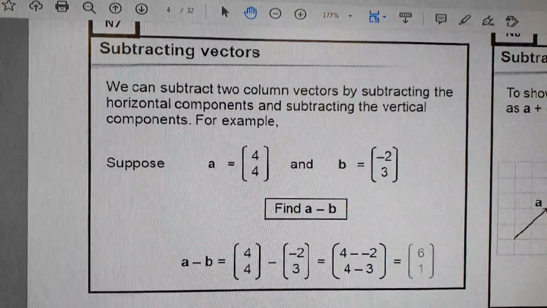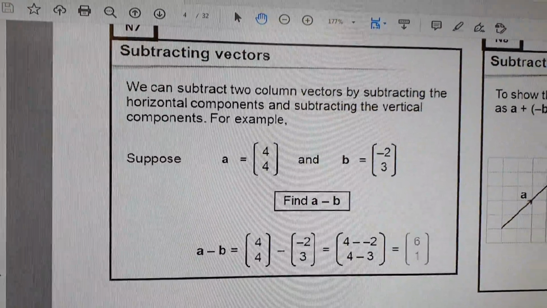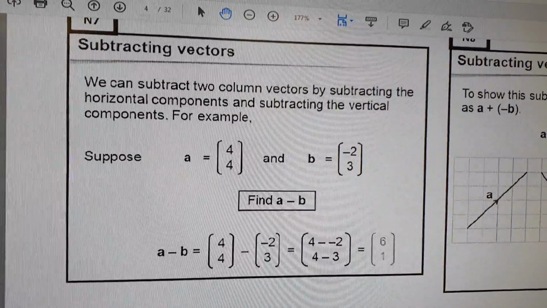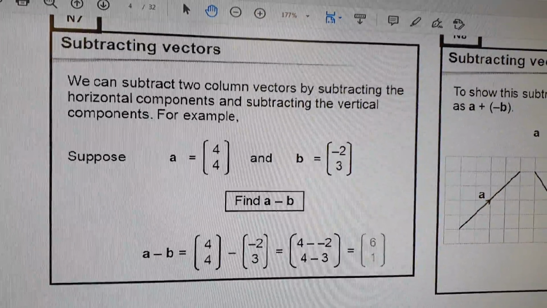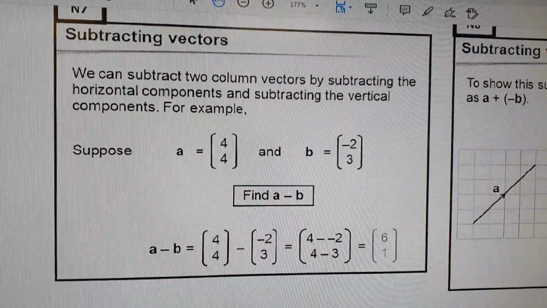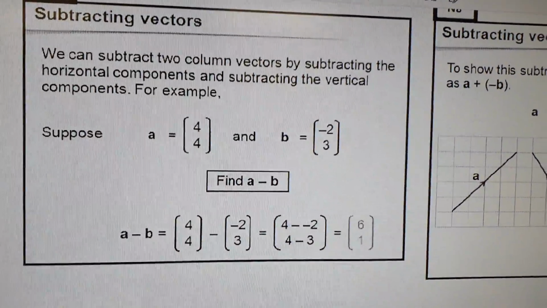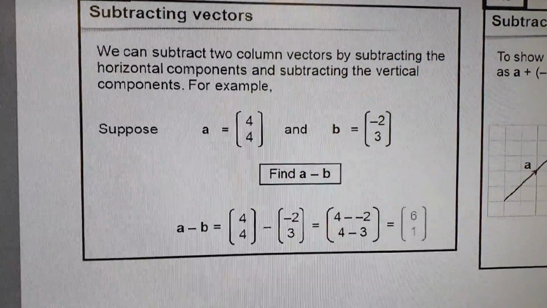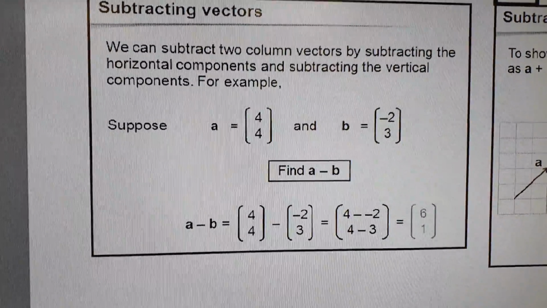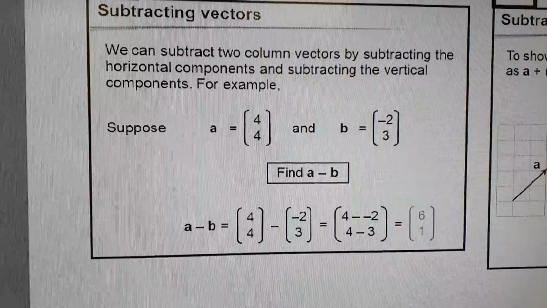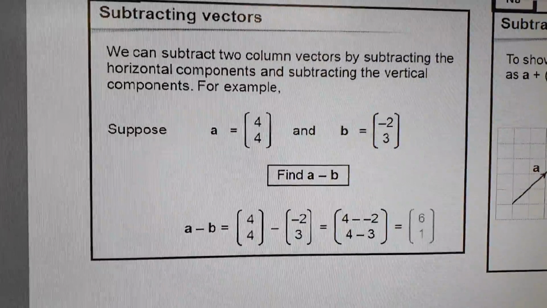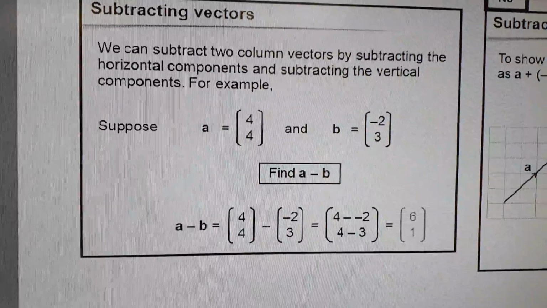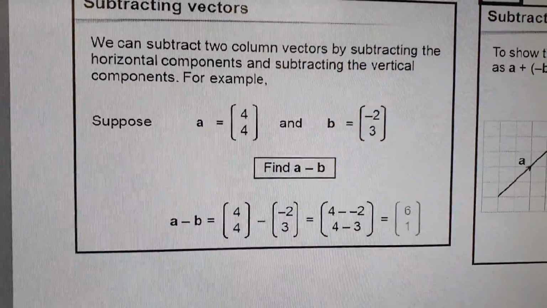So for example, suppose we had A with the coordinates 4, 4, and B with the coordinates -2, 3, and we were asked to find A minus B. We would set our problem out as such, A minus B, and then 4, 4 minus -2, 3 is equal to 4 take away -2 and 4 take away 3.